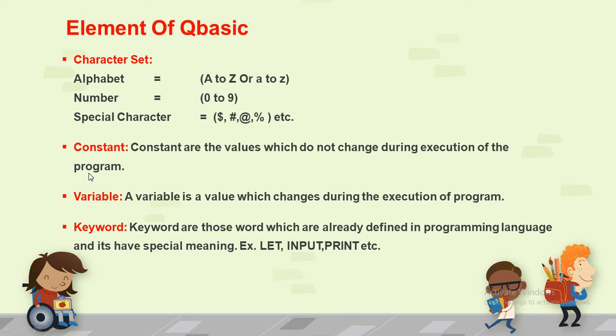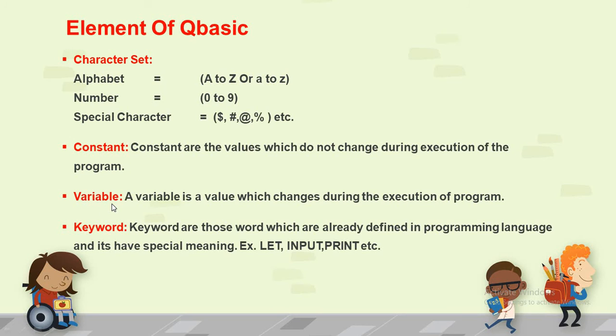Now constant. Constants are values which do not change during the execution of a program. These are fixed values, that is, once you have defined them, they can't be changed further. Now next is variable. A variable is a value which can change during the execution of a program. It is placed in computer memory with a name and address.